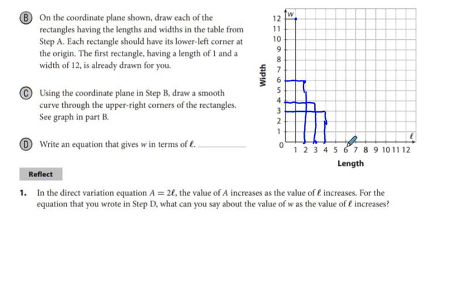Next we have length of 6, width of 2. Each of these rectangles that I'm drawing has the same area. So the area is constant. Next, and the last one, a length of 12 is going to be a width of 1.